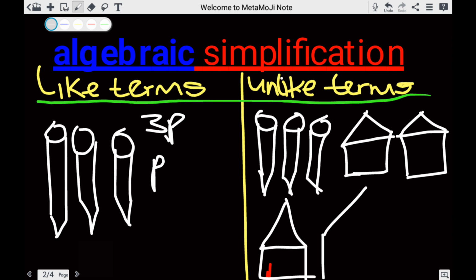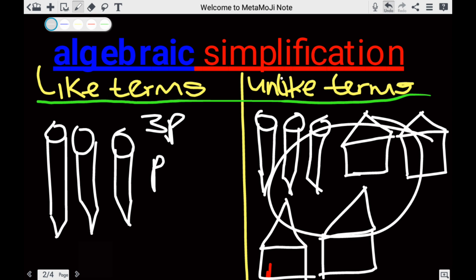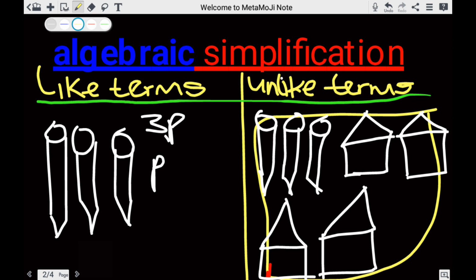So here is another one. Now, let's say you are asked how many objects are in this section. What will you say?